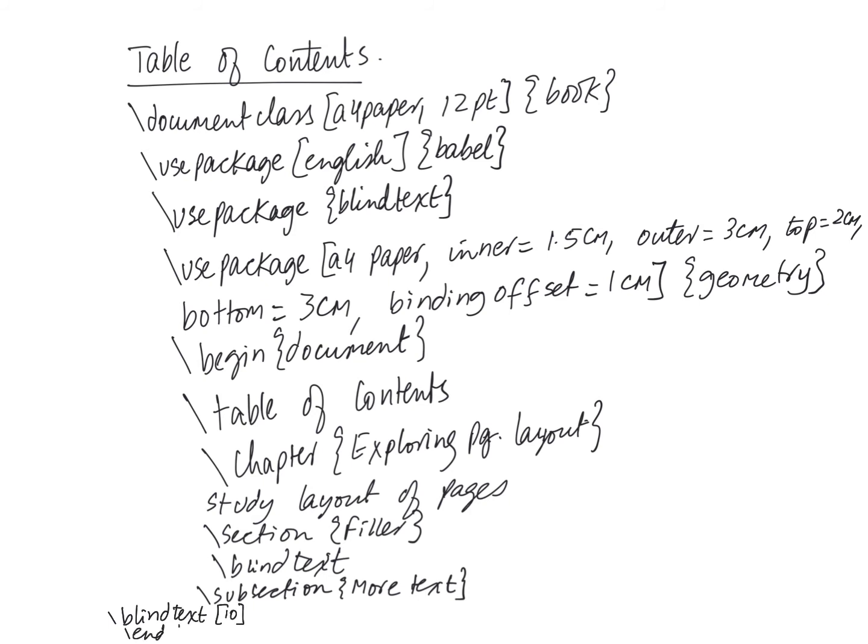And then end the document. So if you see your program, see the difference between when we put the table of contents and when we do not put the table of contents. Okay?